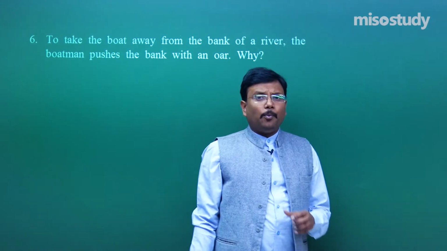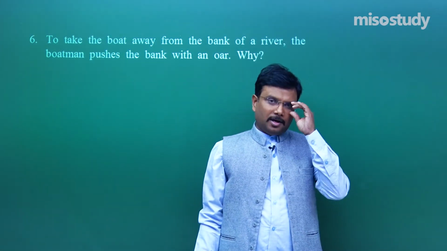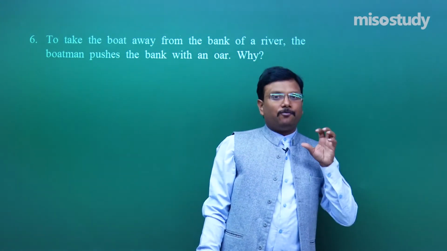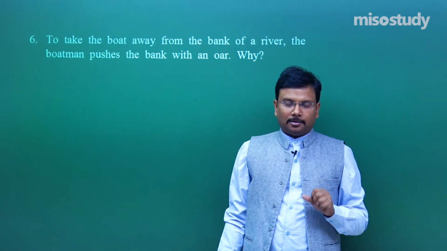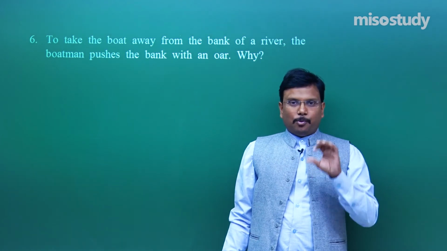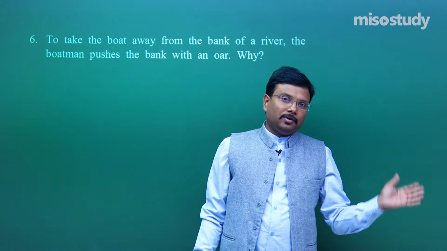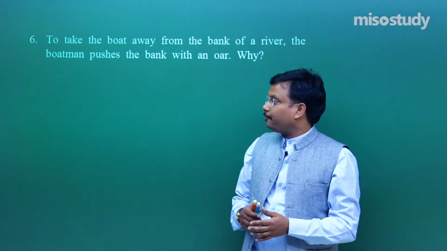So, when the boatman inside the boat is pushing the shore, what will happen? The shore will apply some force on the boatman, and boat plus boatman both will move away from the bank, and gradually they will come into the deep water. Fine.